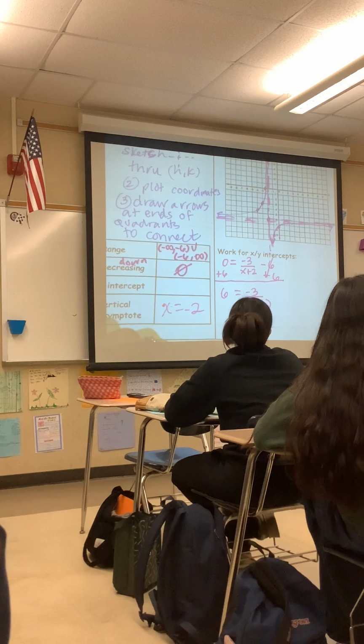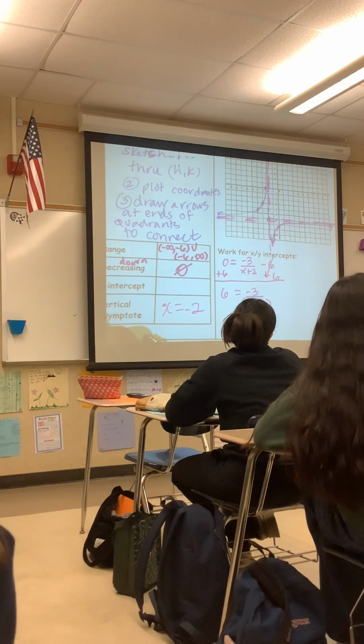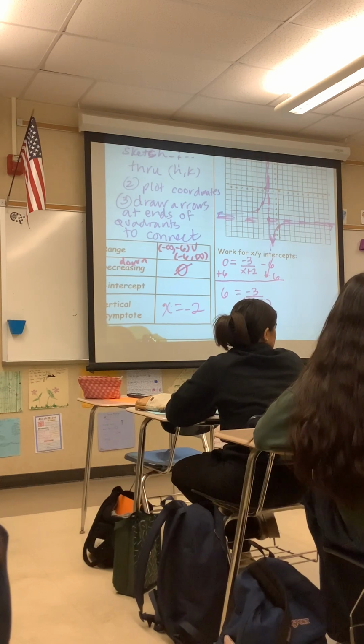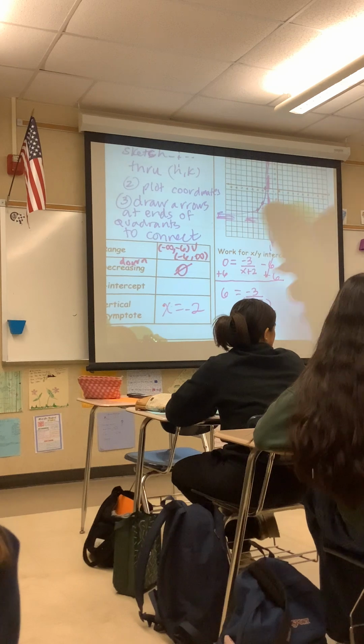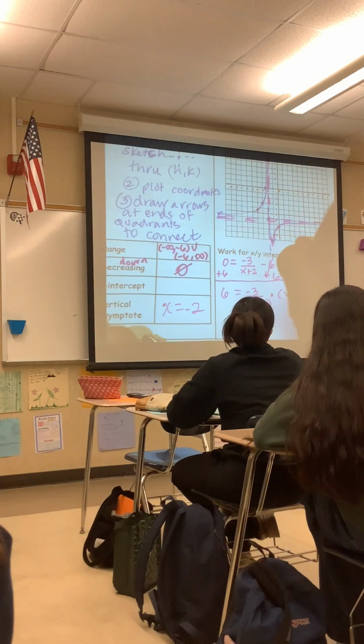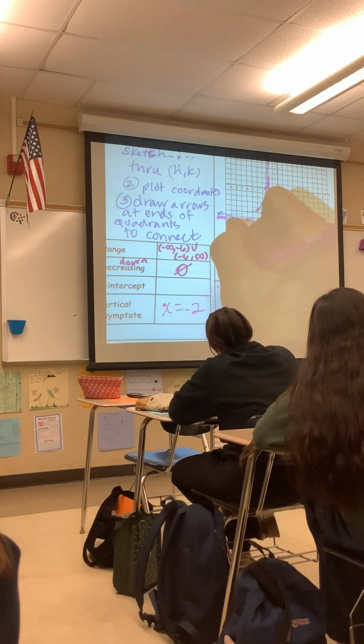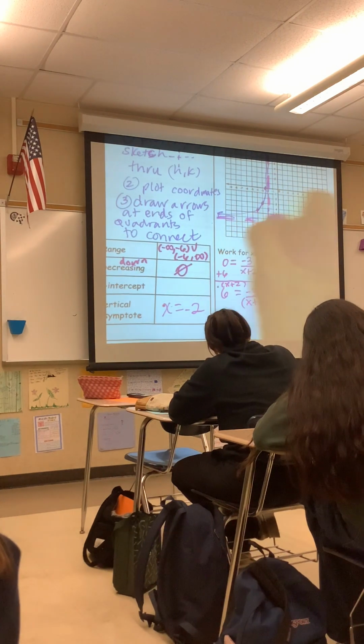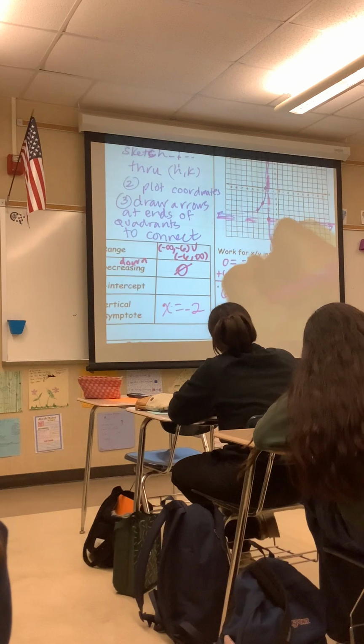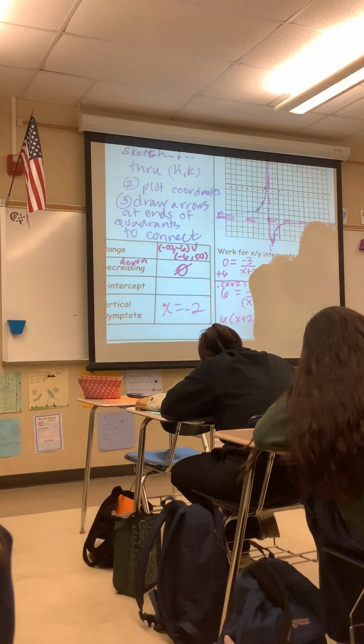What do we want to multiply by? Lauren? Very nice. We're going to multiply both sides by x plus 2. That's going to give me 6 times x plus 2 equals.